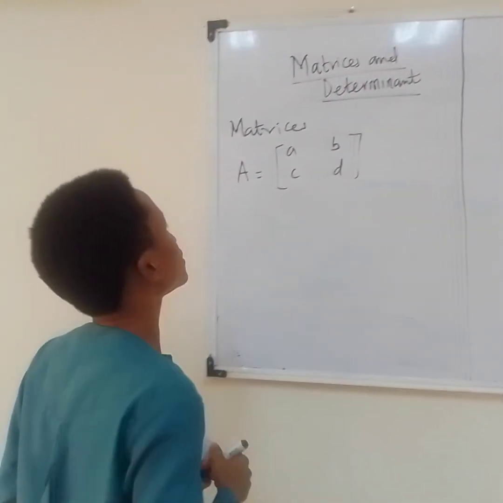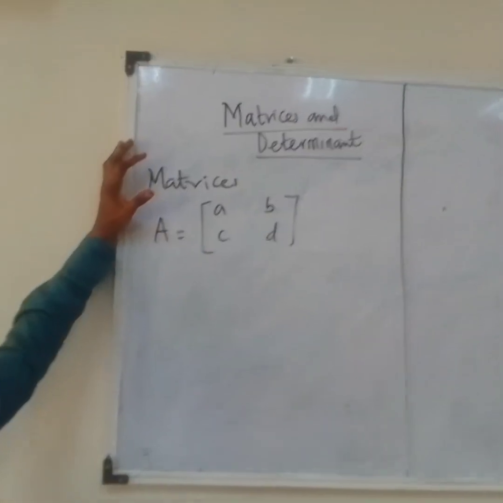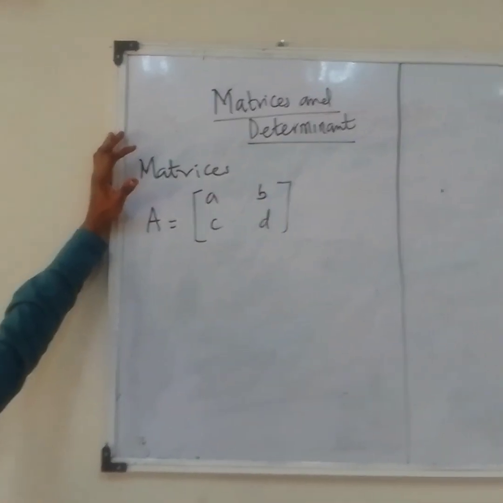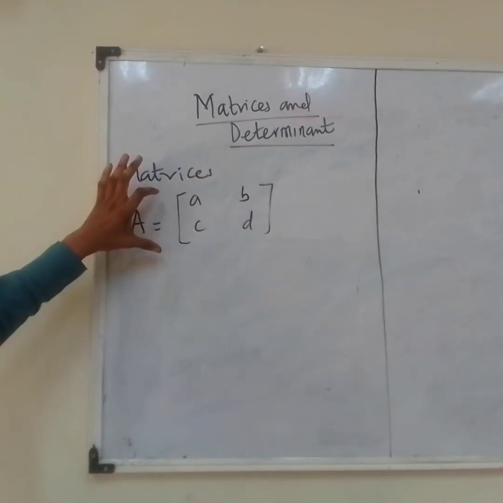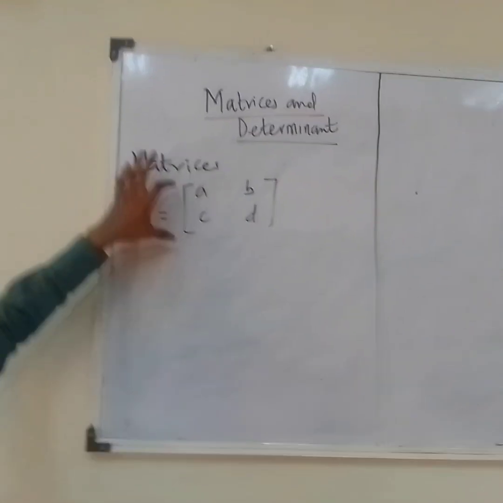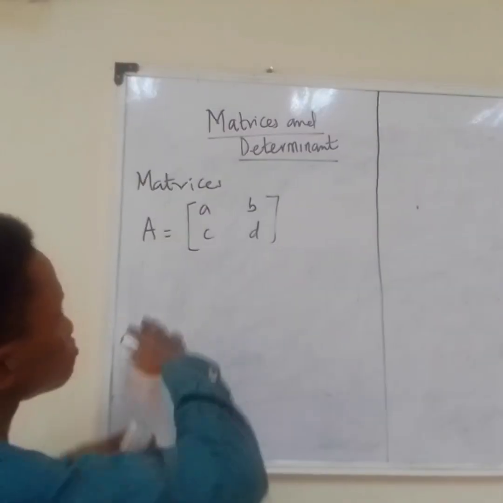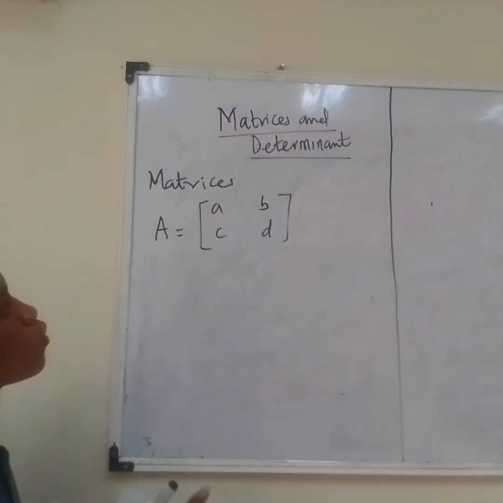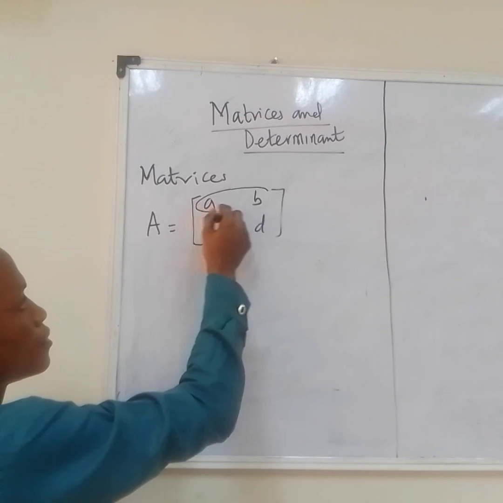As I was saying, a matrix is a rectangular arrangement of elements in form of rows and columns, enclosed by what we call a bracket or parentheses.